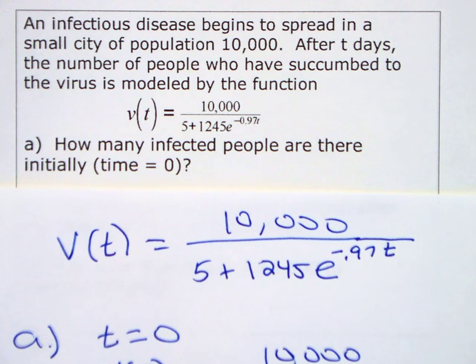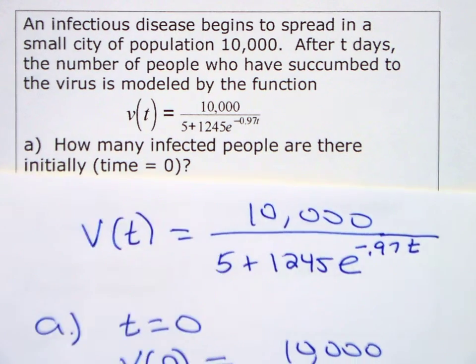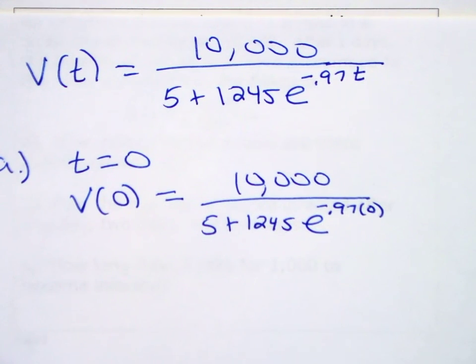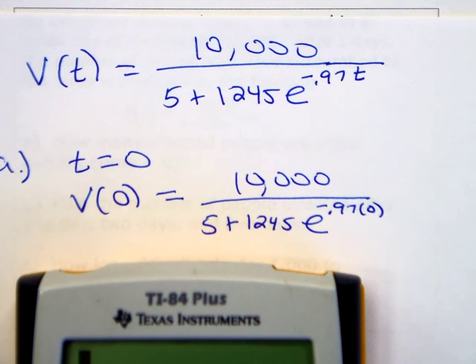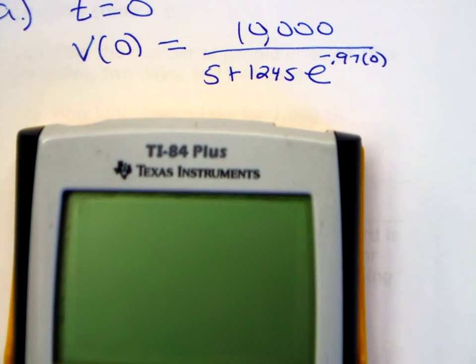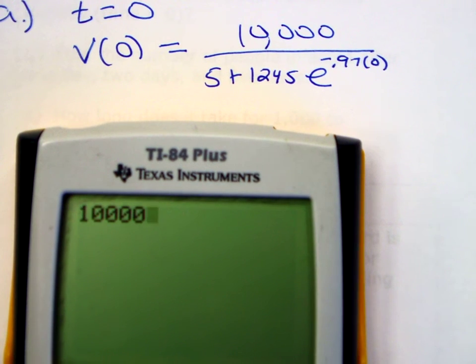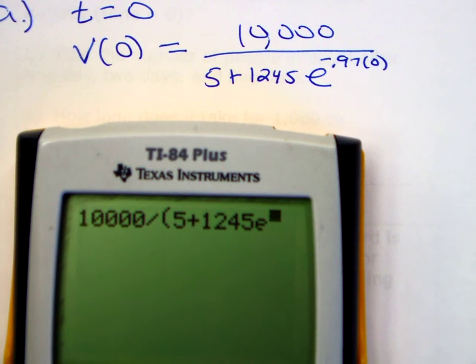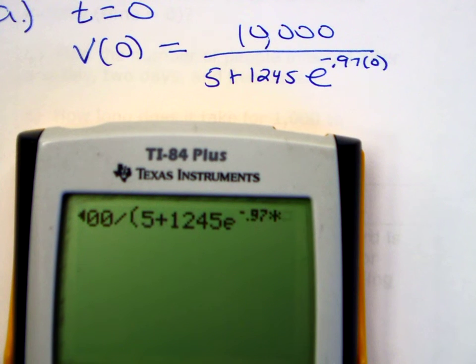All right, so we're just going to put that in the graphing calculator. Okay, can you see what I'm writing? That would be helpful, right? I'm going to use my TI. 10,000 divided by, make sure you put parentheses in the bottom, 5 plus 1245e, that's second ln, to the negative 0.97, and I just put times 0, like that.